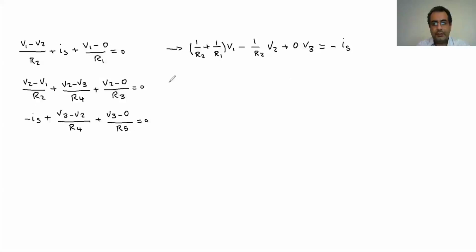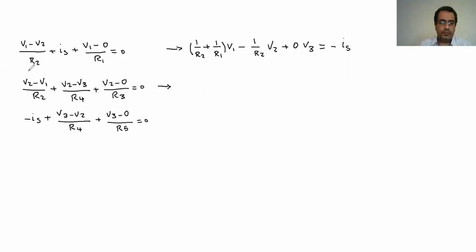I will do the same thing for the second equation. So here, for the V1, again, I have negative 1 over R2 and then I have 1 over R4, oh, sorry, made a mistake here.